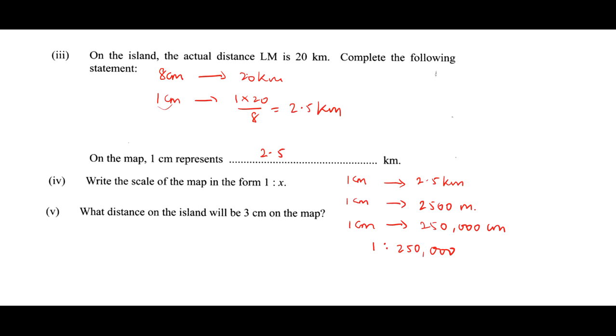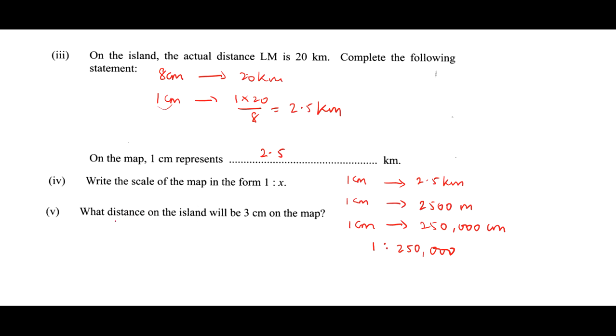Now some people could have moved from kilometers directly into cm, but try to understand what you're doing. If you have kilometers and you want to convert to meters, that's very simple. We multiply by 1000. So that's how we got 2500. If we want to convert meters into centimeters, we multiply by 100. So we took 2500 multiplied by 100 and we got 250,000.